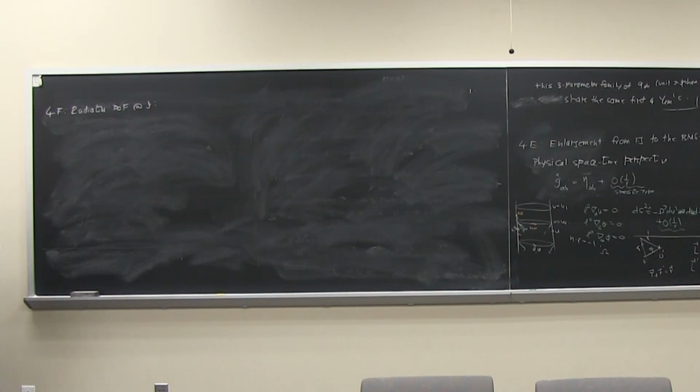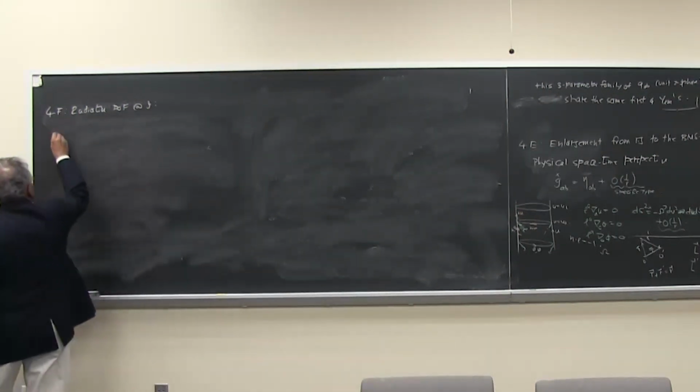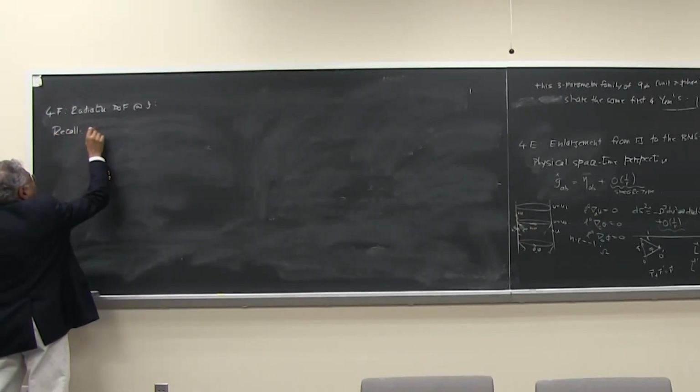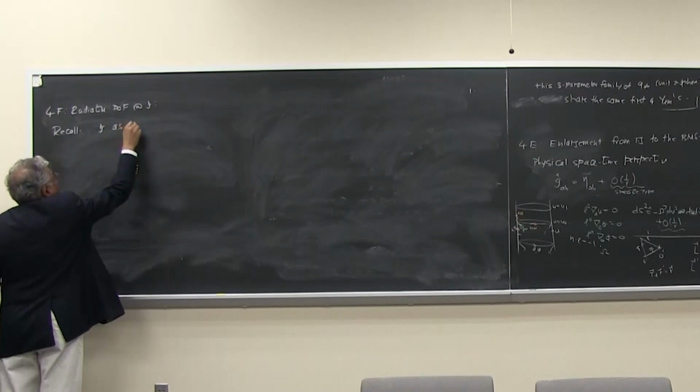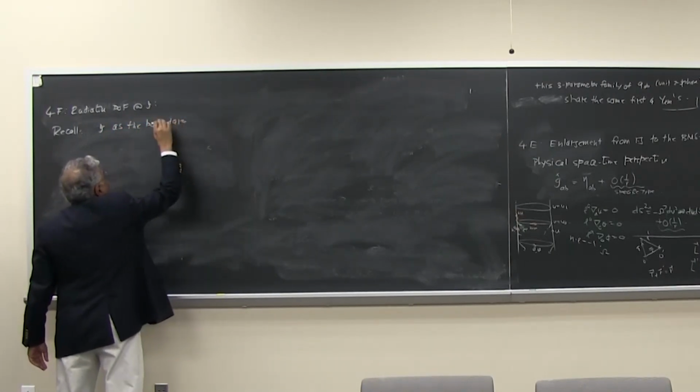So what are the radiative degrees of freedom of Scri? How are we going to get it? So what we saw was, what do we have for Scri?